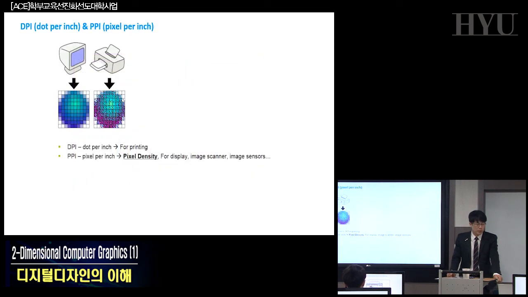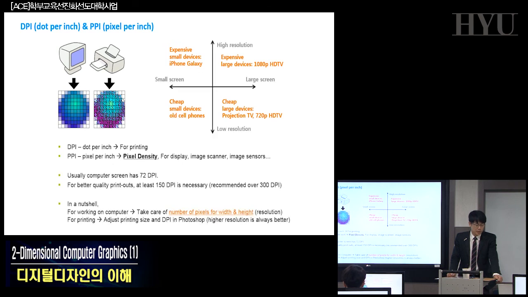Actually, I would like to show you another one about DPI and PPI. DPI means dots per inch. PPI means pixels per inch. Actually, for printing devices, DPI is usually very important. You may have heard about 300 DPI required for better quality printouts, something like that. But my point here is you don't need to take care of DPI or PPI.